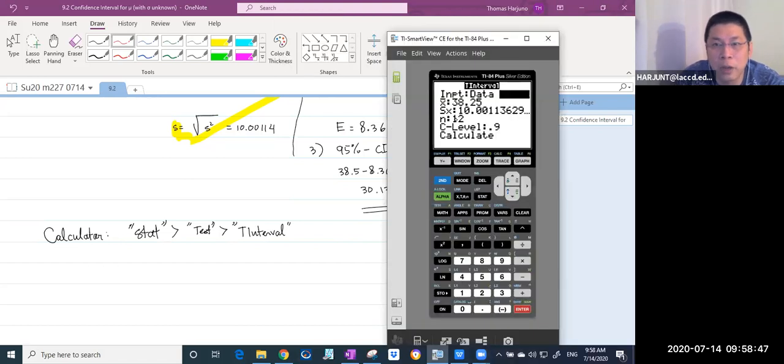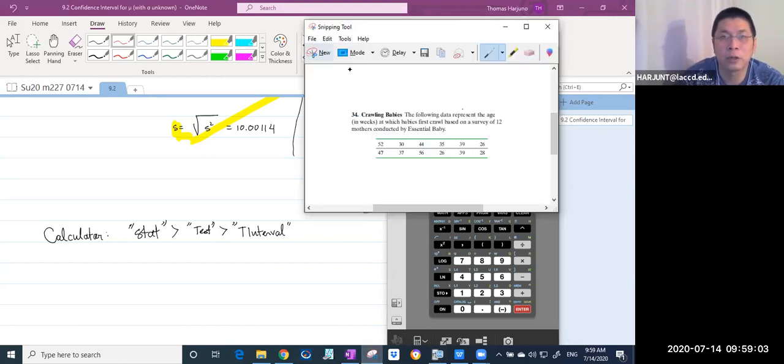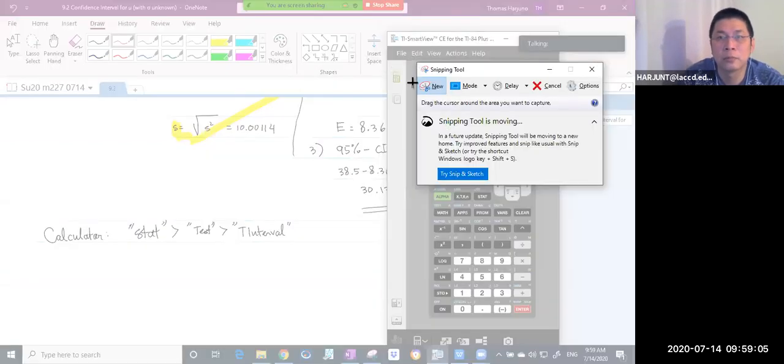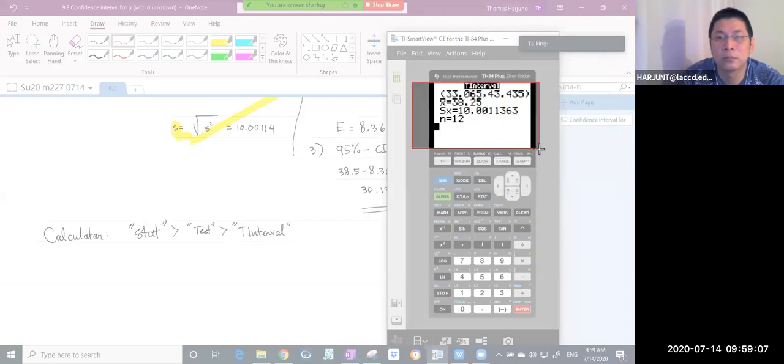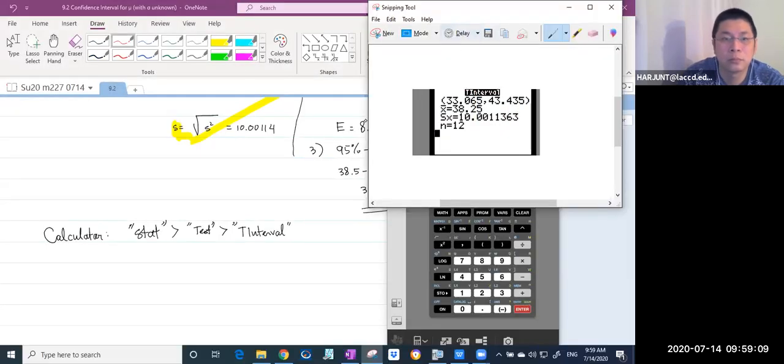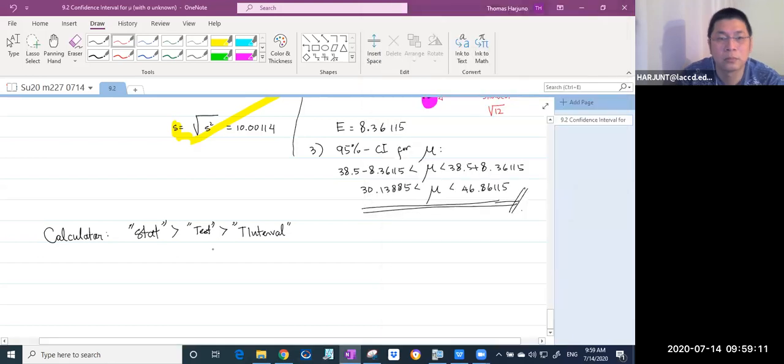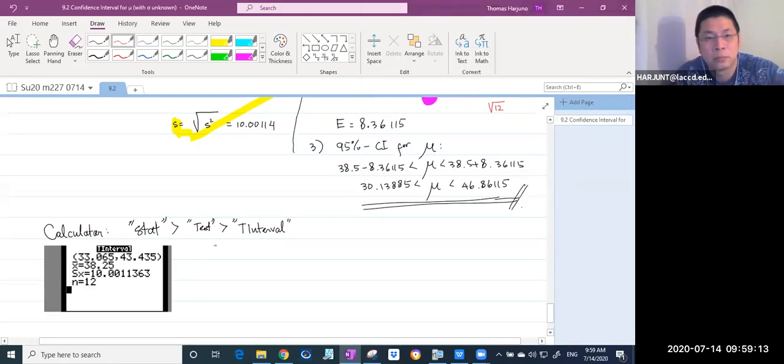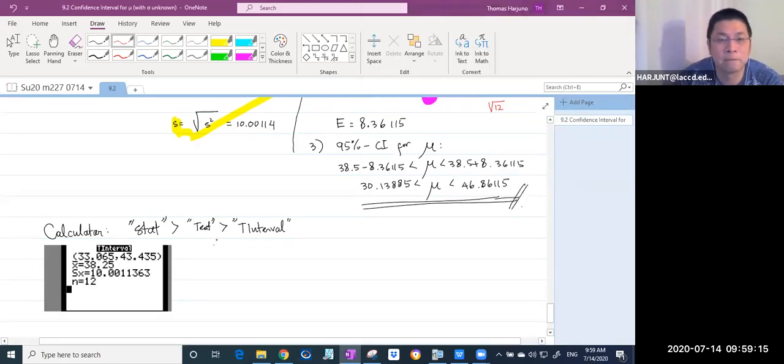Good thing I see this, n equals 12. Confidence level, 90%. Let me enter, enter, enter. Go. Calculate. That's what I get.